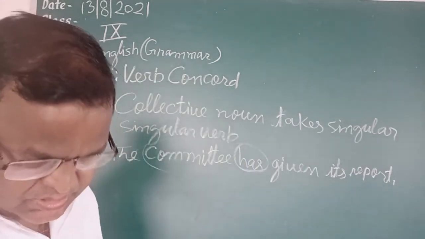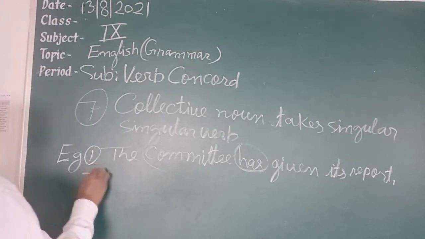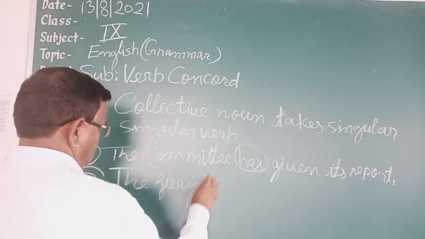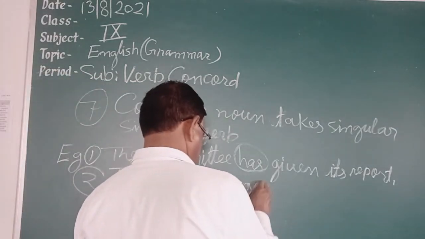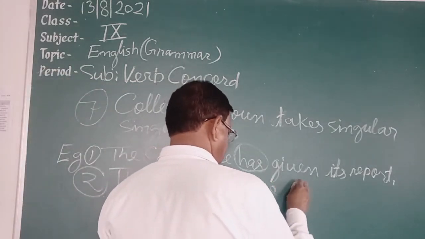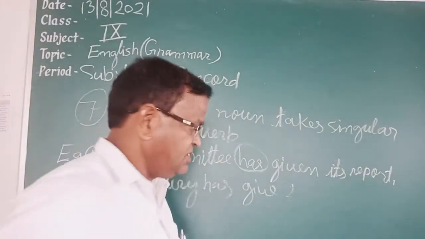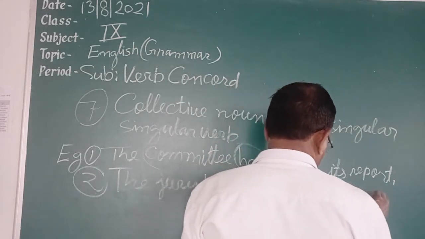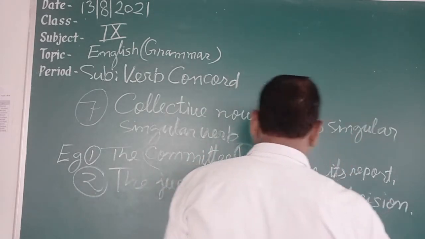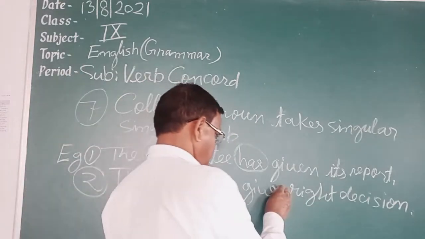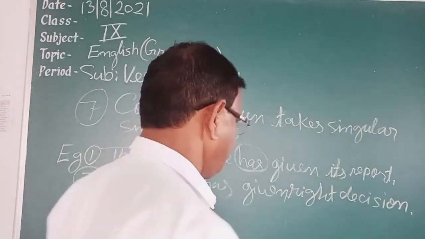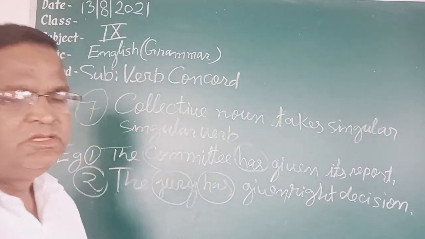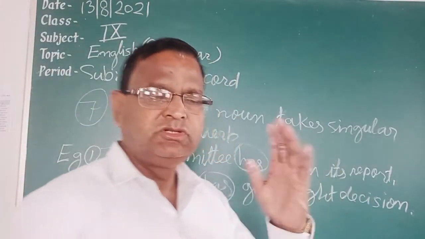One more example: the jury has given the right decision. Jury is a collective noun, so the singular verb has been used. Students, if there is a collective noun, a singular verb is used.